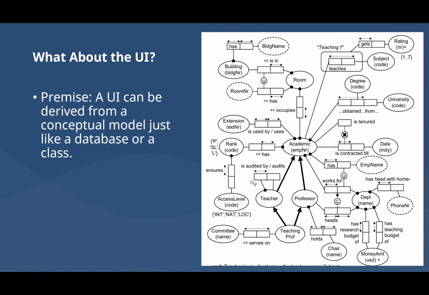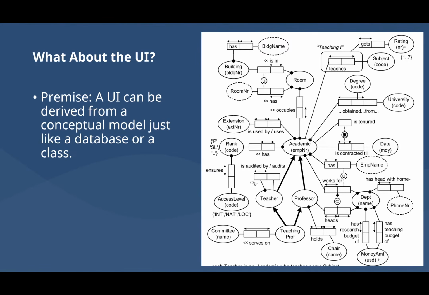My premise is that a UI could easily be derived from the same conceptual model that was used to produce the CQRS back end. So the idea would be that we would start with an object in the model, pick any object like room, for instance, and project what we think the information on a screen would look like if you were to focus on a page describing a specific room.